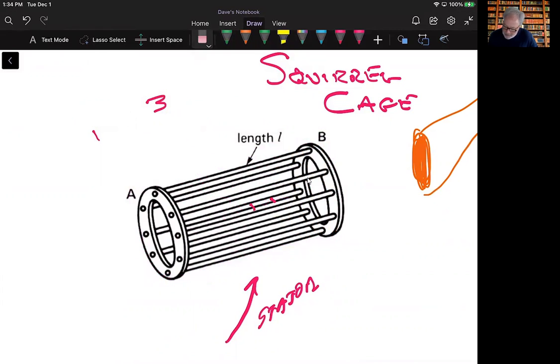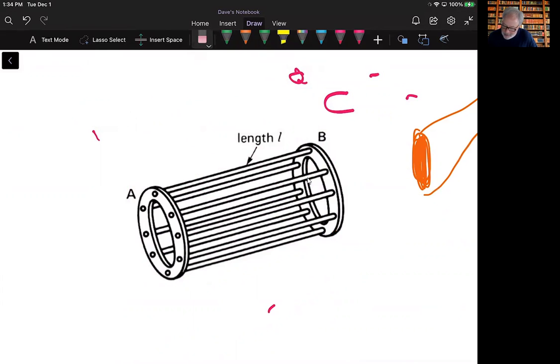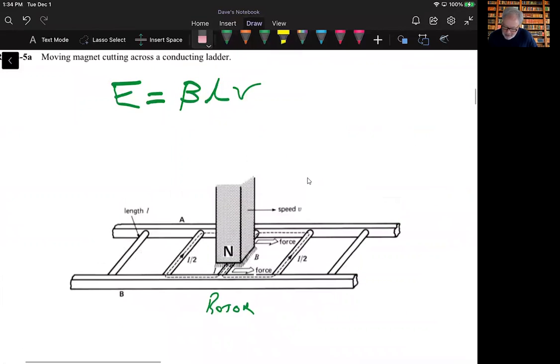The effects that are occurring are easier seen by looking at this ladder laid out flat. Everything is based on this equation where the voltage induced is equal to the flux density times the length of the bar that's subjected to the magnetic field times the speed.